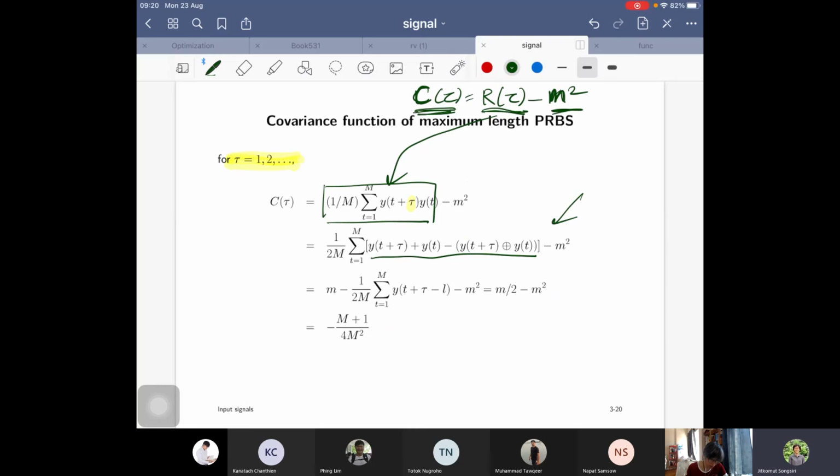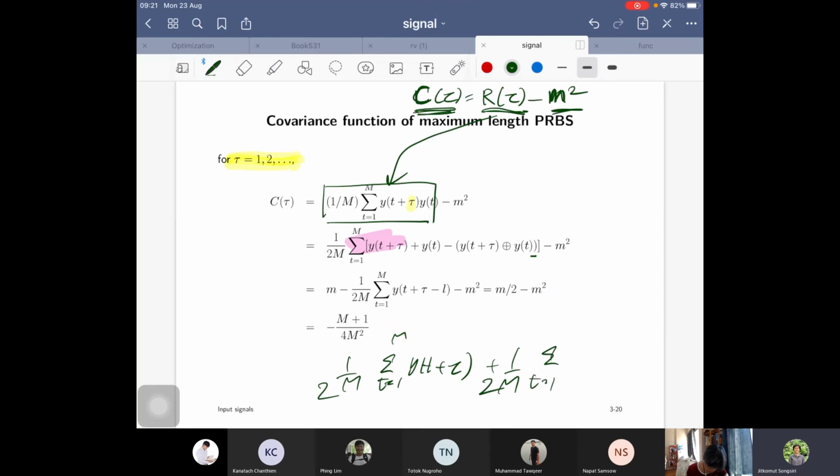Now let's take a look at the first term. What is the summation of this term?